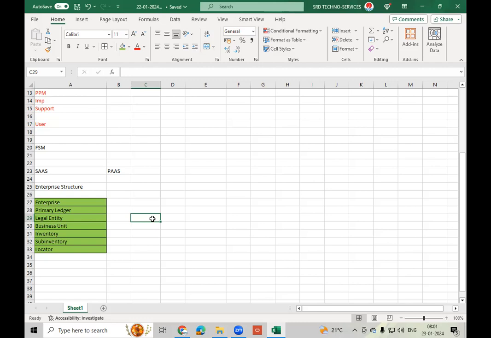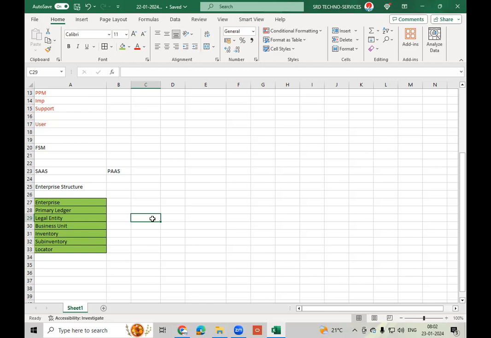Say, I'll recruit employees for TCS India, for Tata Motors, for Tata Steel. So this legal entity level will maintain employee recruitment and employee maintenance.